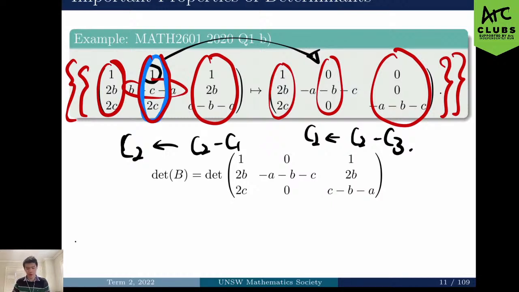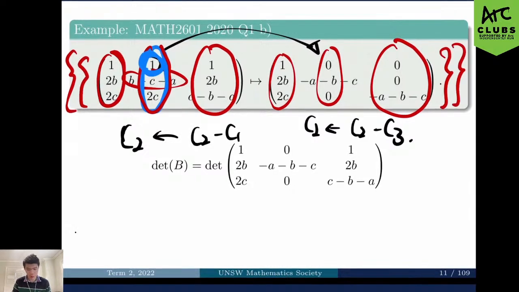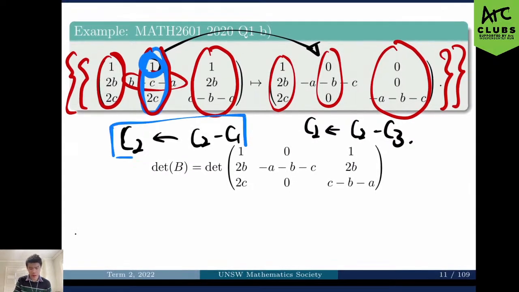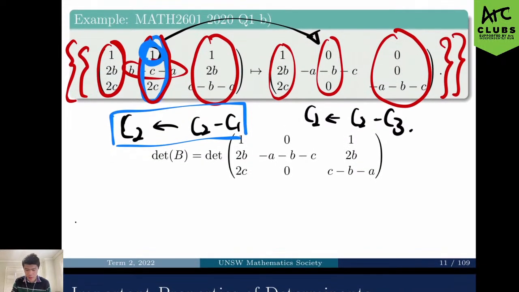And both of those would result in a 0 term over here because you've got 1 minus 1. But in this case, we'll just do column 2 becomes column 2 minus column 1. And that's the first one over here. So yes, we get what we wanted. We get a 0 over here, and we get the right term over here as well.